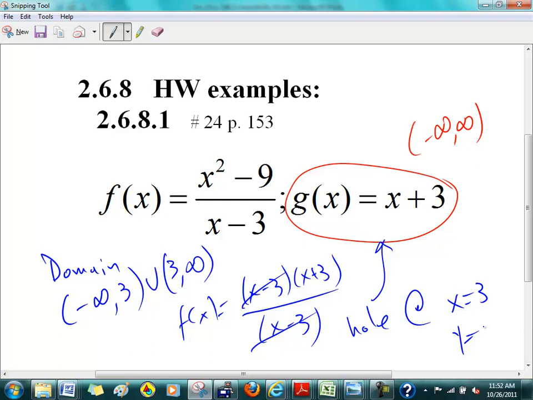Well, I know the function is undefined, but you know how when you've got a graph? Hey, let's do this. Why don't you put this in your graphing calculator and see what it looks like? What do you think it should look like? Yeah, put f of x in the graphing calculator.